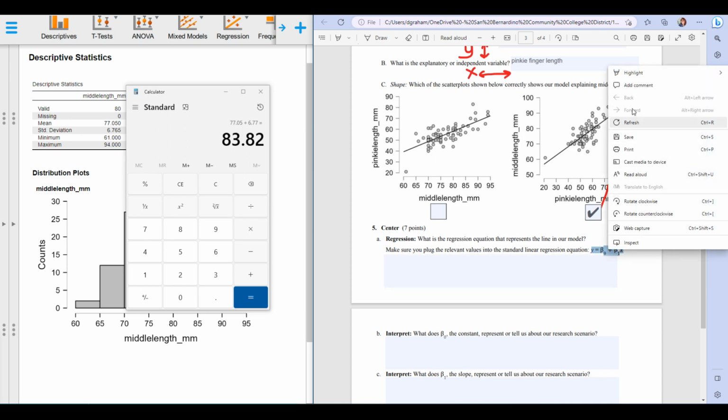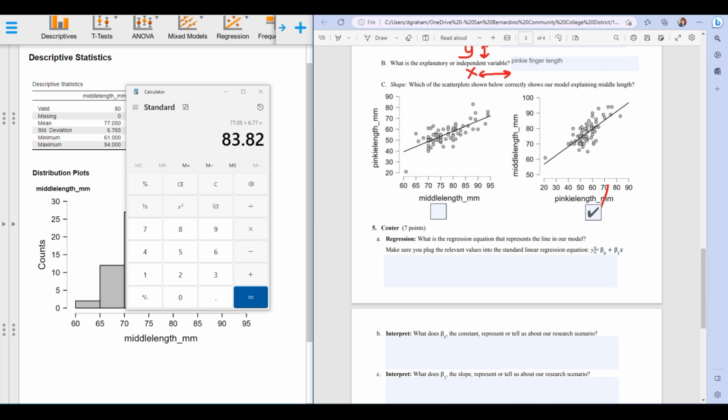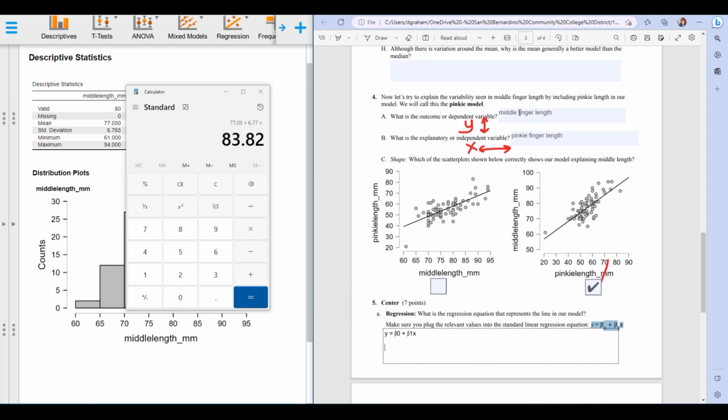So our y in this case, of course, we just said is our middle finger length, is equal to B naught.